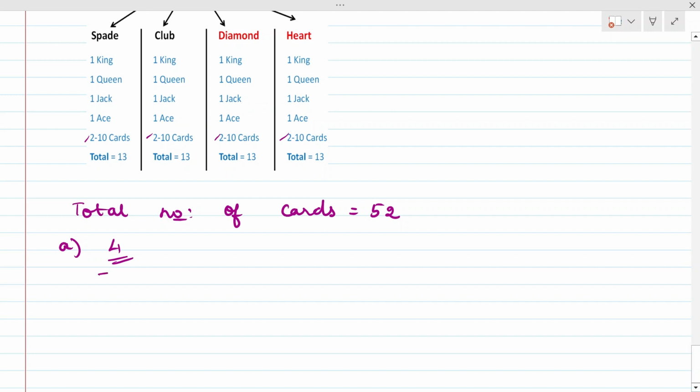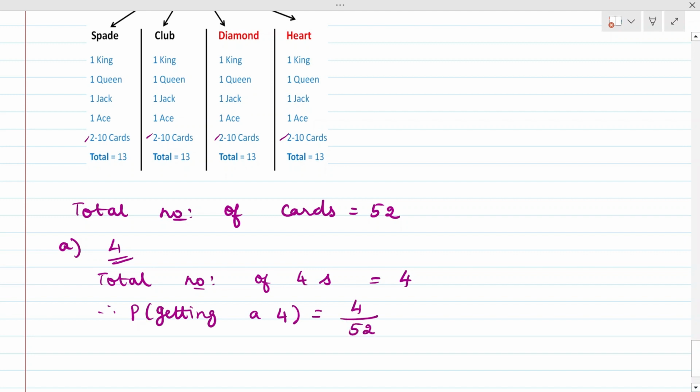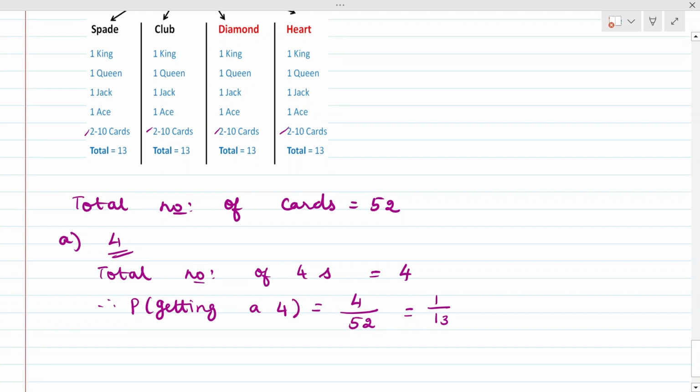So total number of 4s. How many 4s? We have 4 4s. So therefore, probability of getting a 4 is equal to 4 divided by 52. 4 is the favorable outcome, 52 is the total possible outcome. When you cancel, it will become 1 by 13. So this is the answer for getting a 4.